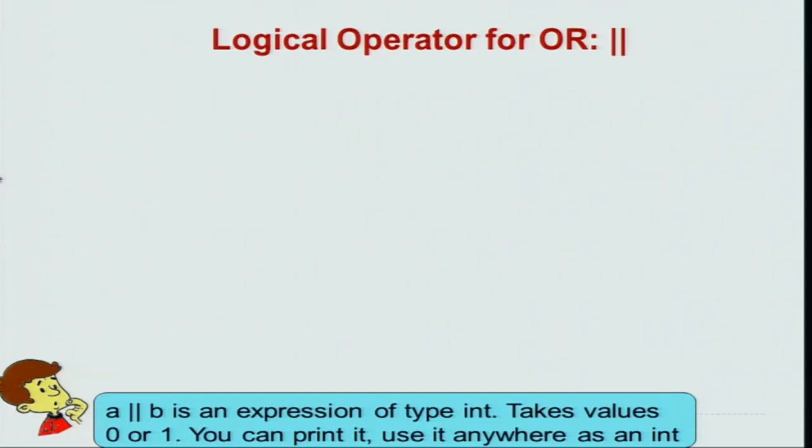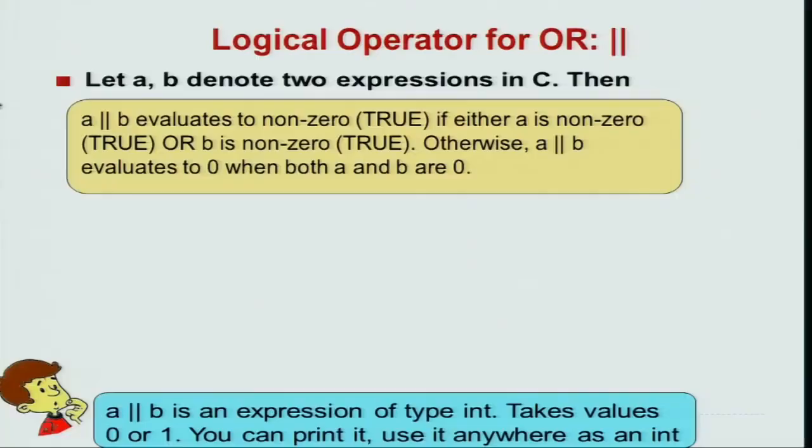Now, there are three logical operations as I mentioned. So, there is also OR. In C, it is denoted by two vertical bars which are there on your keyboard. So, A or B, which is A bar bar B, evaluates to non-zero if either A is non-zero or B is non-zero.